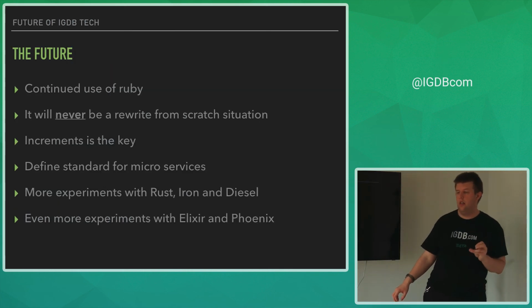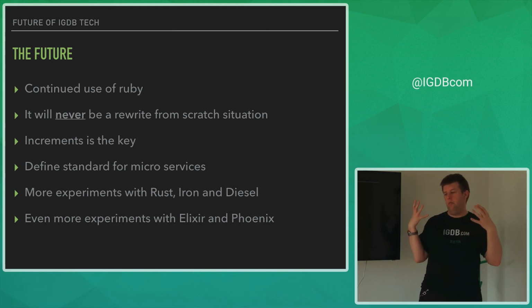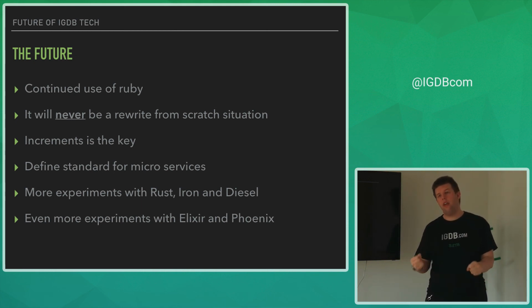And this is the future of IGDB. We will continue use of Ruby. It will never be a rewrite from scratch situation. I feel that increments are the key to success.